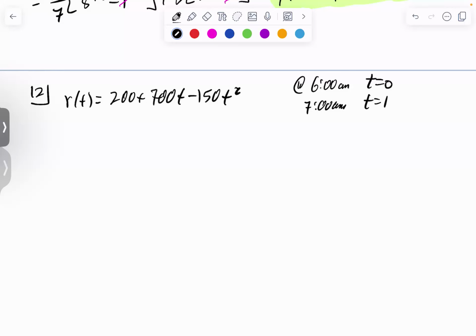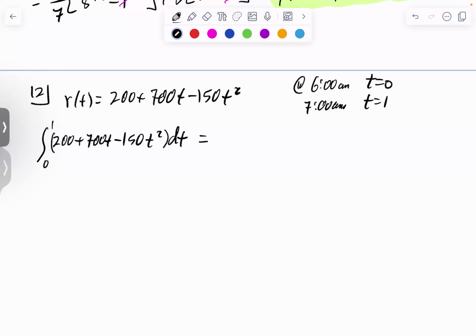And so this means that we're looking at the integral from 0 to 1 of 200 plus 700 t minus 150 t squared dt. Now, you might think to yourself, oh, this one's t, all the others were x's. It doesn't matter. As long as the variable matches up, all the same rules are going to apply.